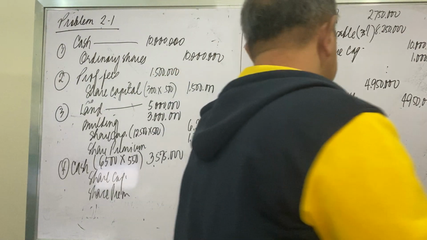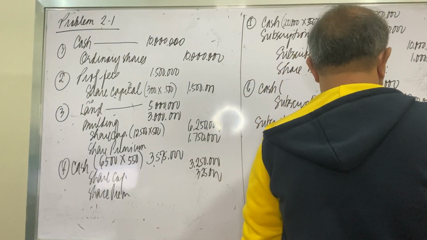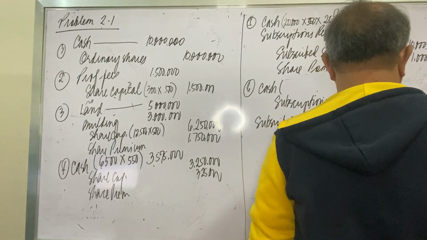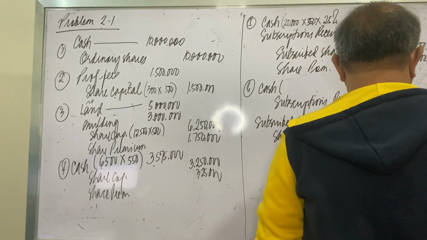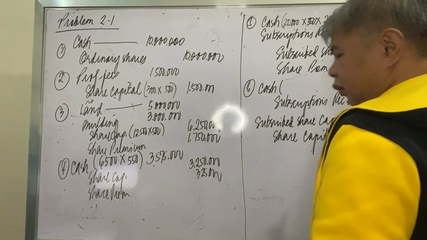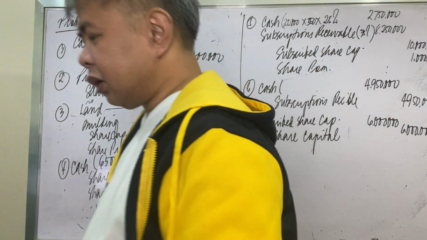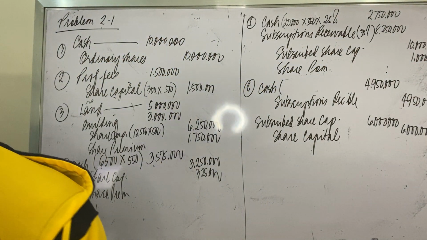Okay, so therefore this is 6 million pesos. Okay, so that's problem 2-1.